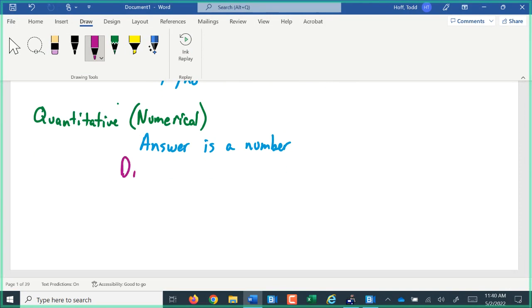It can be what we call discrete. Discrete means it can take on specific values over a range.